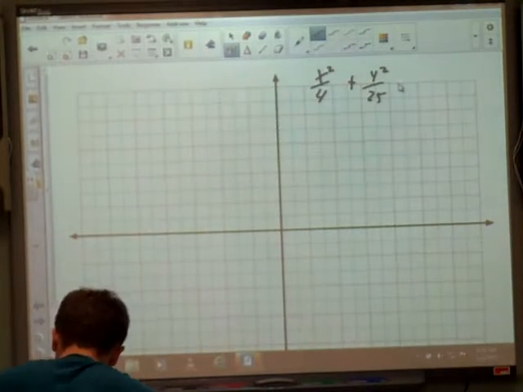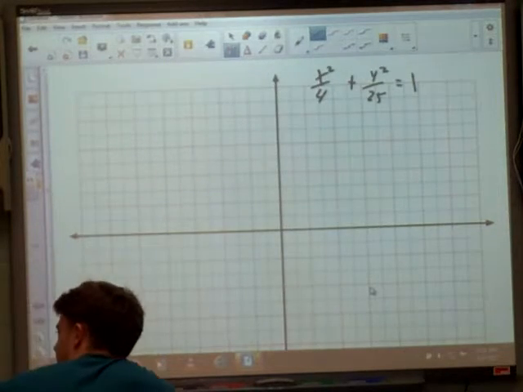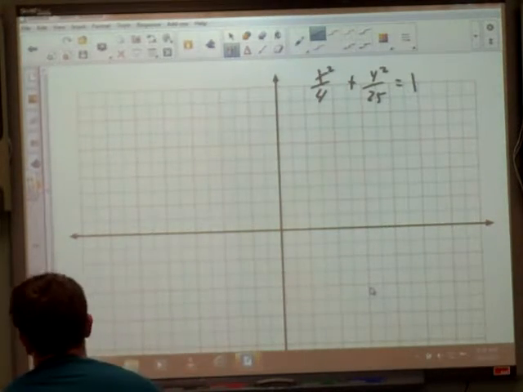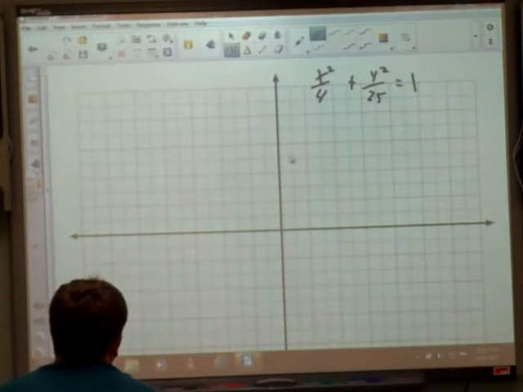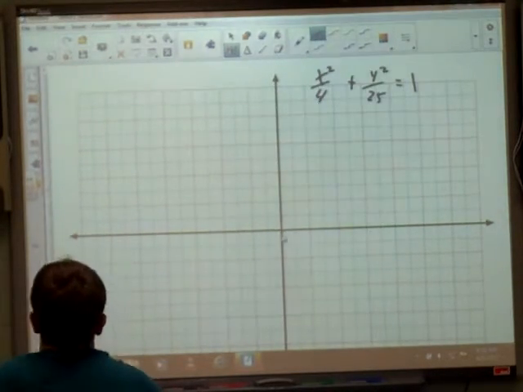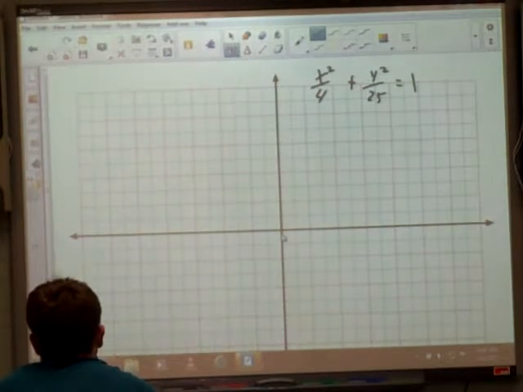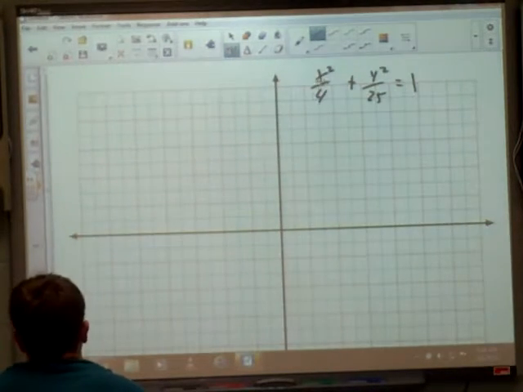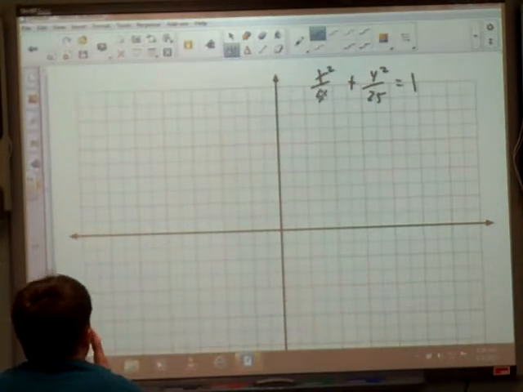Okay, first off, before we start plotting some points, this one has not been scooted anywhere. There's nothing up here with the x or with the y scooting it right or left, so that means it is going to be centered at the origin. My x-intercepts on this: a squared is 4, so my a is 2, right?